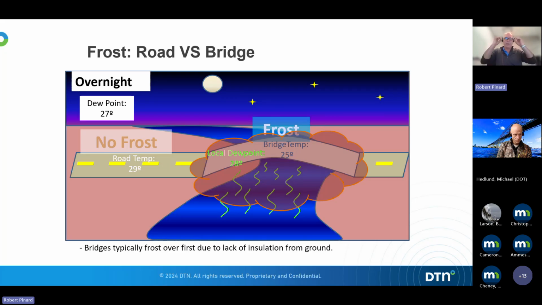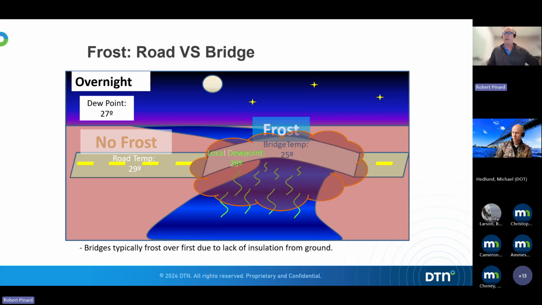Now, one other thing in the winter, if you have open water near either a bridge or maybe even along Lake Superior, you guys have a lot of roadway that is near open water. That can cause some very local higher dew points.